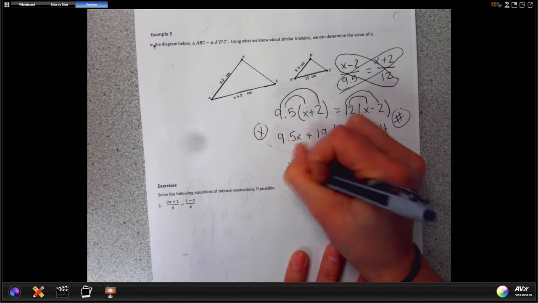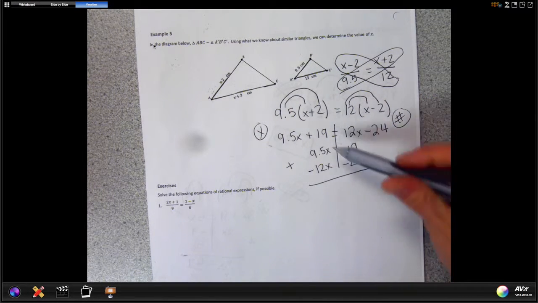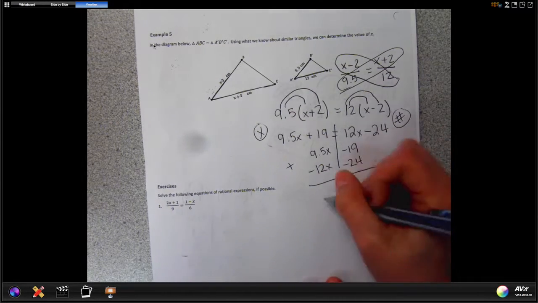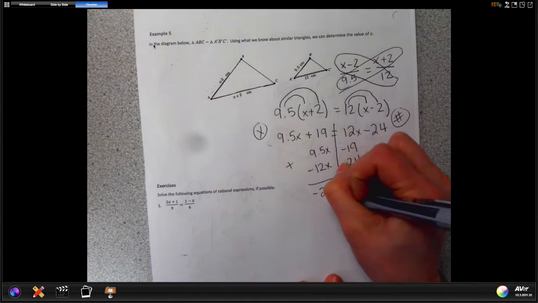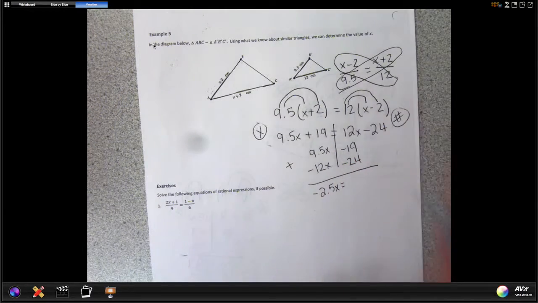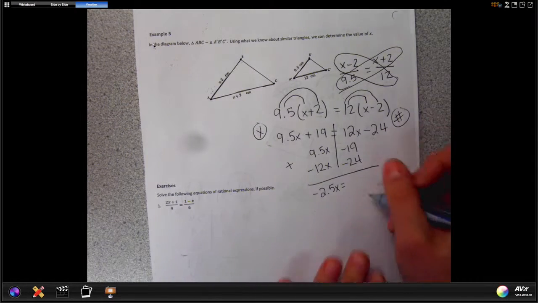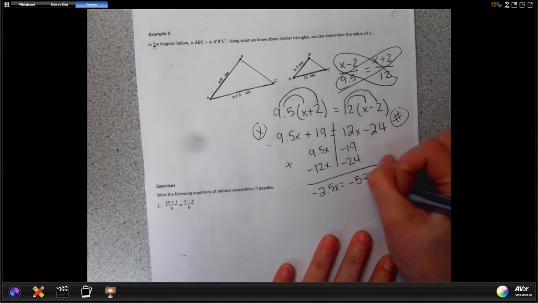Then we add these guys up. 9.5 plus negative 12 is going to be negative 2.5x over on the left, equals, if you add negative 19 and negative 24, you're going to get negative 43.